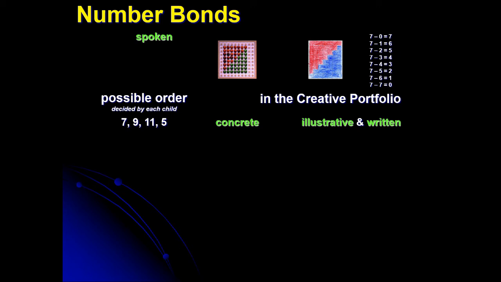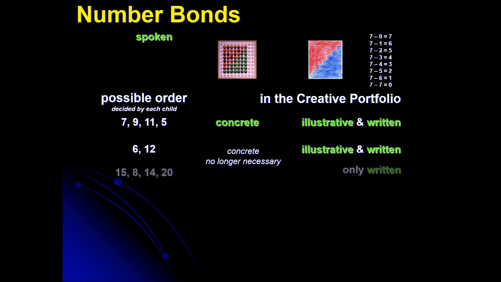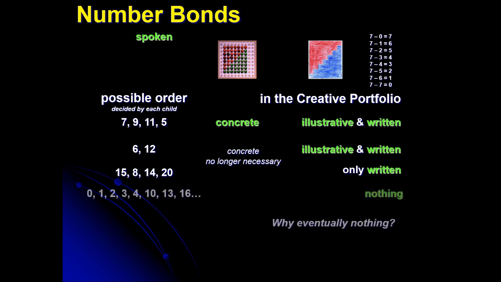Then there may be some quantities where they only use the illustrative and written level, and then further quantities where they find it sufficient to just use the written level. And then all other quantities will have nothing, no illustrative and no written level as evidence, because they don't need them. Why? Eventually, then nothing.